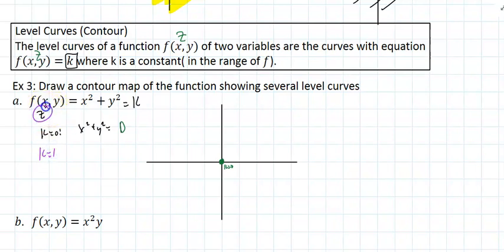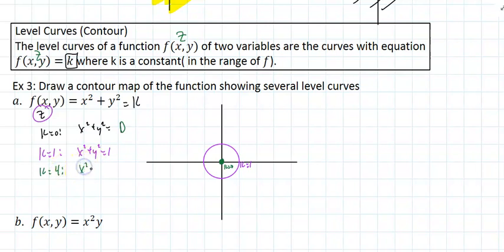Doesn't that mean really you're letting z equal 1? That means x squared plus y squared equal 1. Isn't that a circle with a radius of 1? And you label that k equal 1. What happens if, and again, since I know it's a circle, I could go for 2, but why not go for 4?